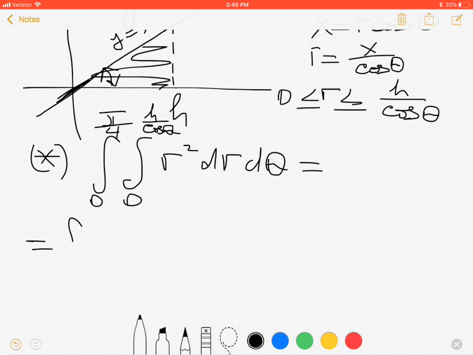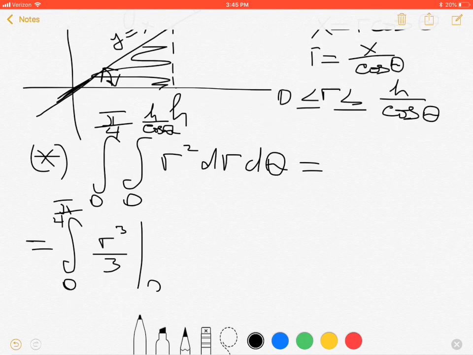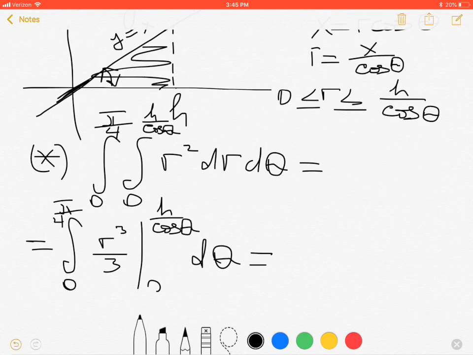Here I have 0 to pi over 4. R squared gives me r cubed over 3, from 0 to h over cosine theta, d theta. If you remember, 1 over cosine is secant.